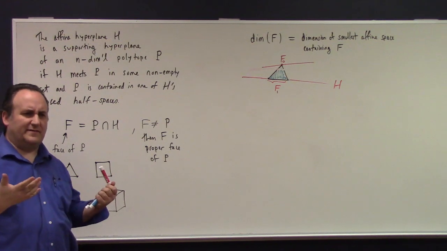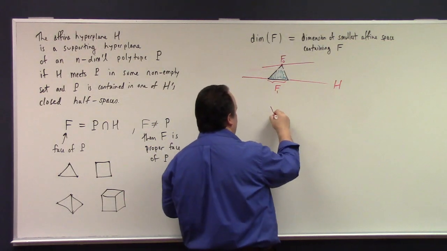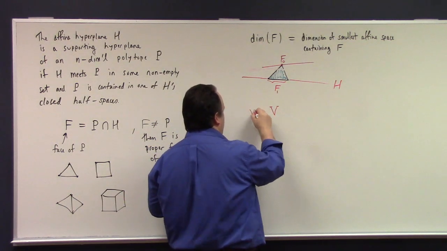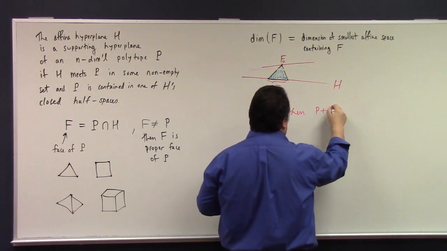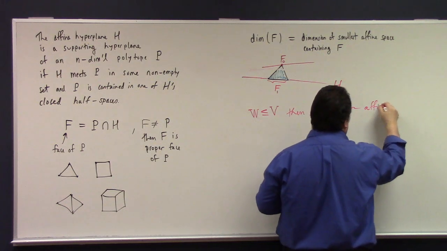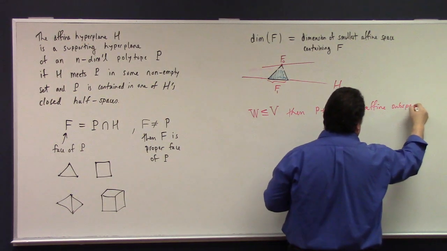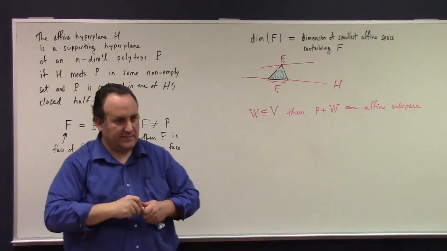What's an affine space? If you have a vector space V, and W is a subspace of V, then P plus W is an affine subspace. It's basically a parallel translate of a subspace of the vector space.